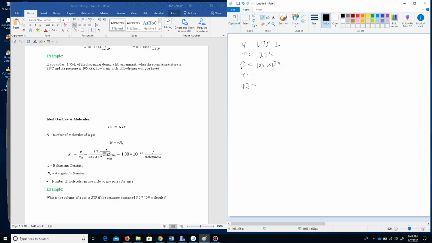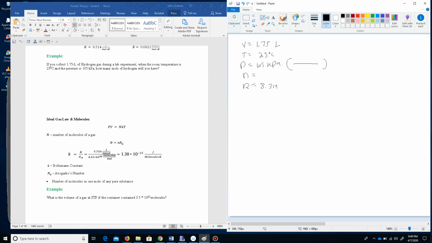Alright, so we want to look at this, and we said, okay, well, if pressure was pascals or newtons per meter squared, we use the 8.314. Right, so we do 8.314, but we also know we have to convert this to pascals.